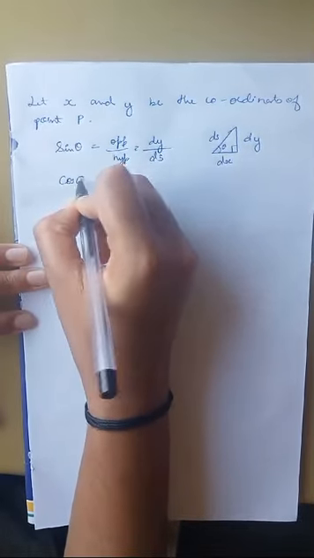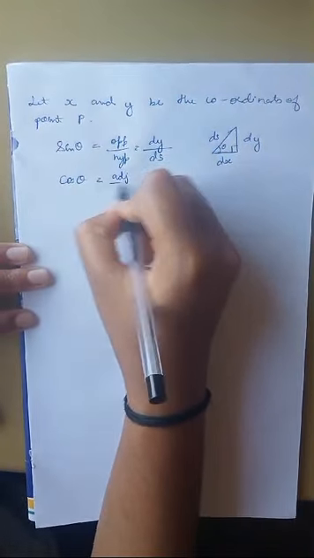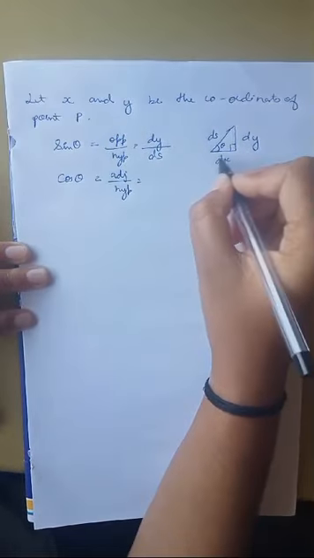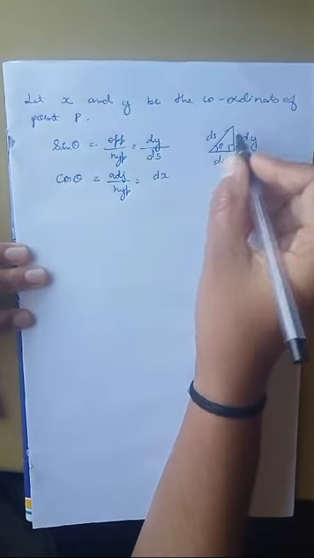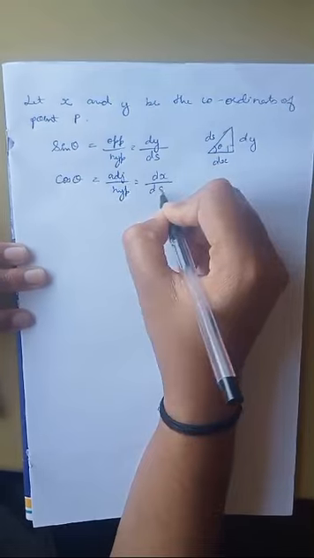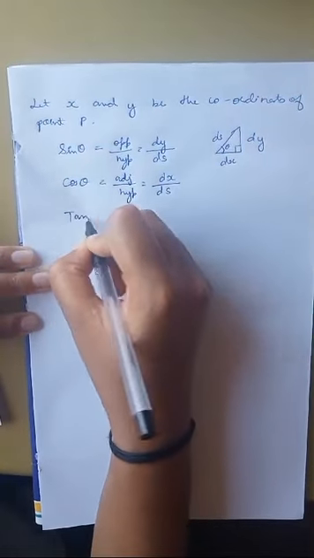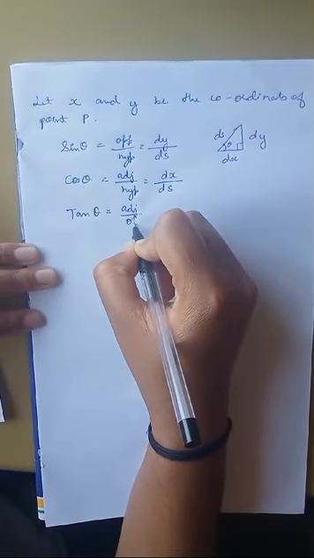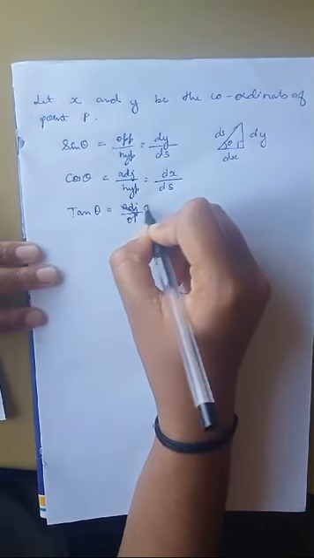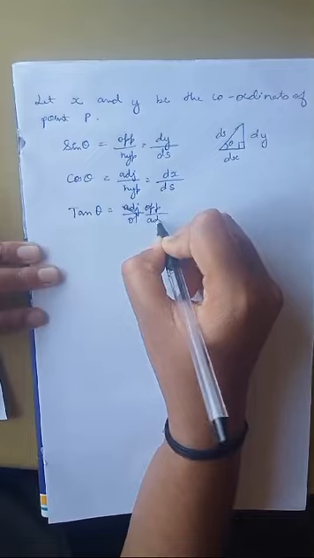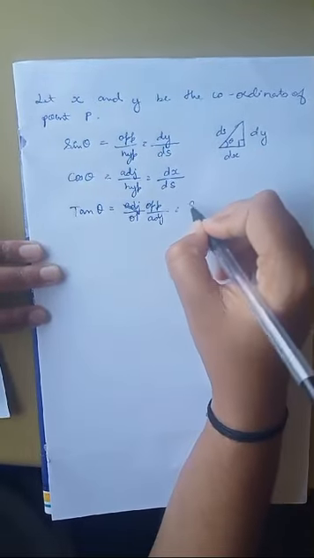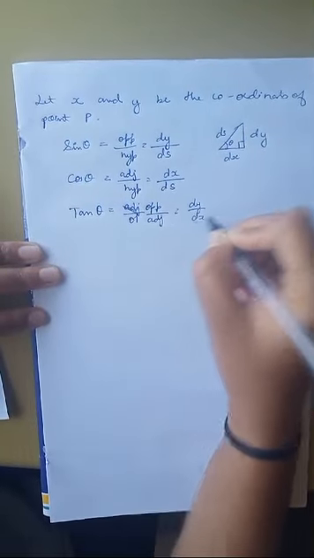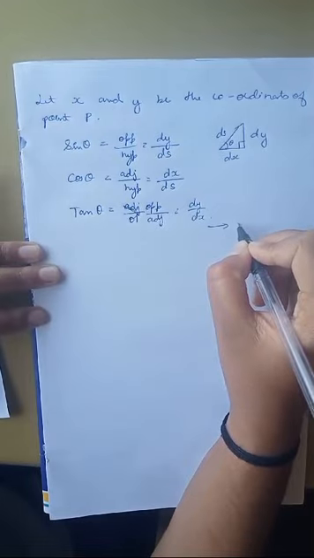Cos theta is equal to adjacent by hypotenuse, so adjacent is dx and hypotenuse is ds. Similarly, tan theta is opposite by adjacent, so dy by dx. Let it be equation number 2.